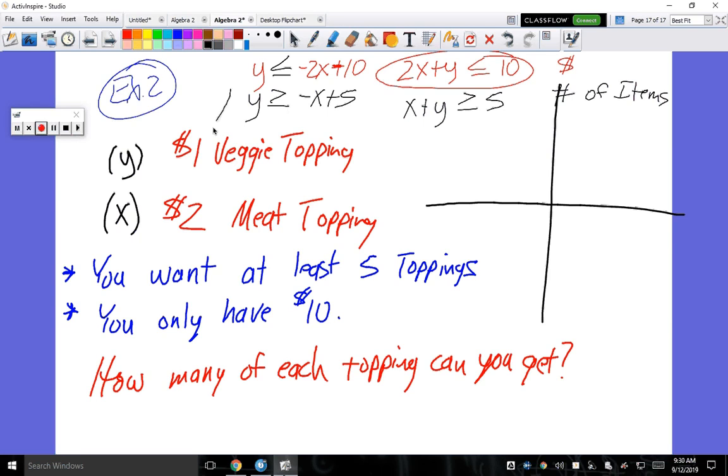Guys, look at this equation. I'm going to read it 2 ways. Y is greater than or equal to negative x plus 5. The other way is negative x plus 5 is less than or equal to y. Which one of those is correct?